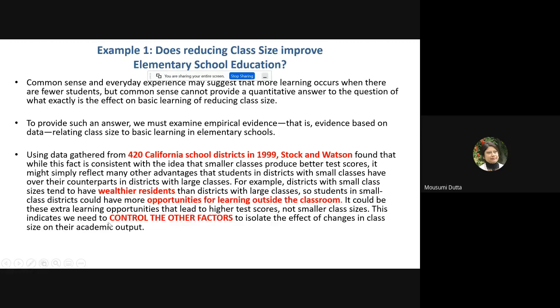Okay. So econometrics helps us to control the other factors. When you collect the data from reality, you will find that there are people with different tastes and preferences. Now, we can find out what will be the relation between quantity demanded and price for particular groups.